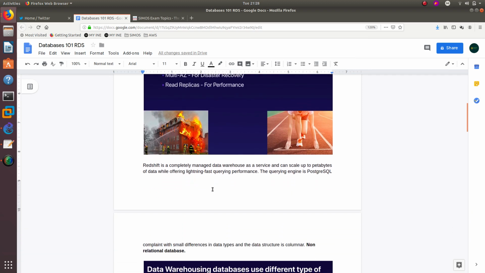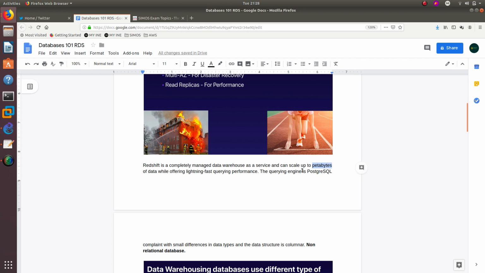And then we have Redshift, and Redshift is a non-relational database, and it's completely managed. It is a completely managed data warehouse as a service, and it can scale up to the petabytes of data while offering lightning fast querying performance.